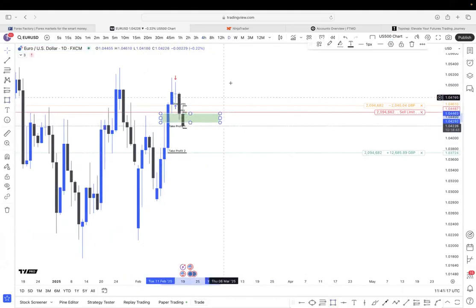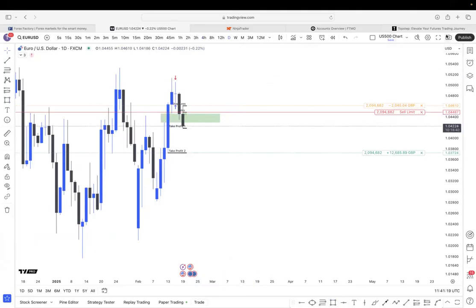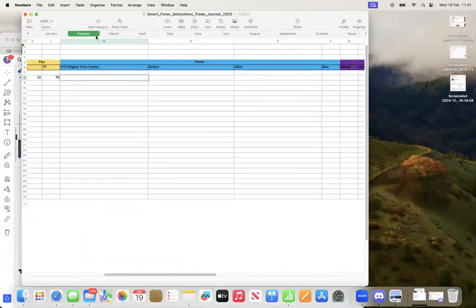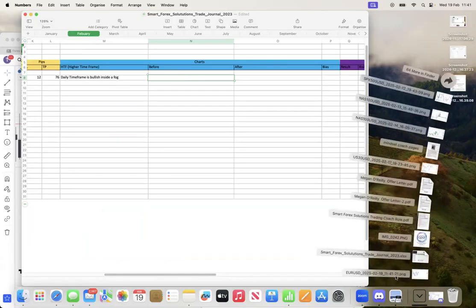So you can see here, this is the daily time frame, and I'm just going to screenshot and download that image right there. And that will allow me to basically come back in to my area. So this is going to be daily time frame is bullish inside a fair value gap, just as a good example.